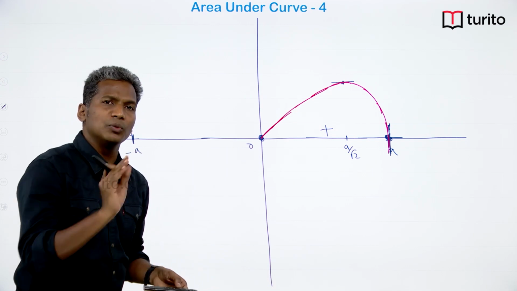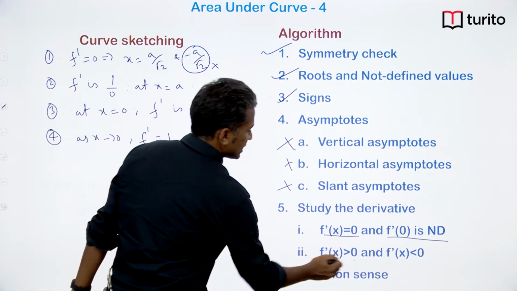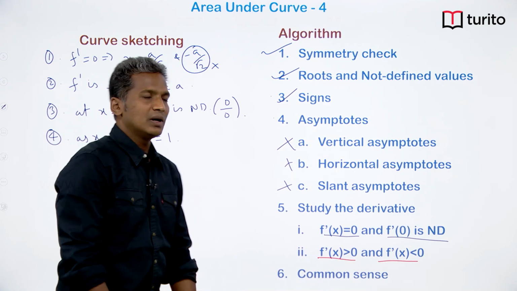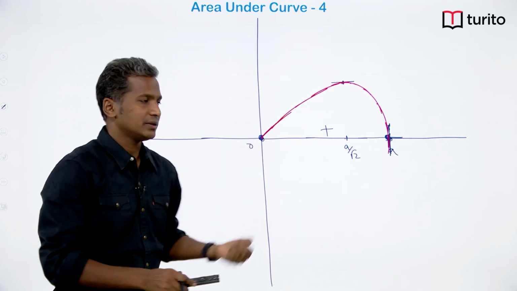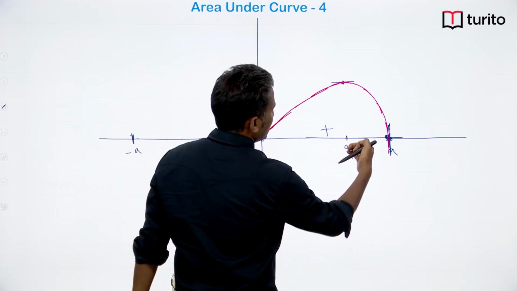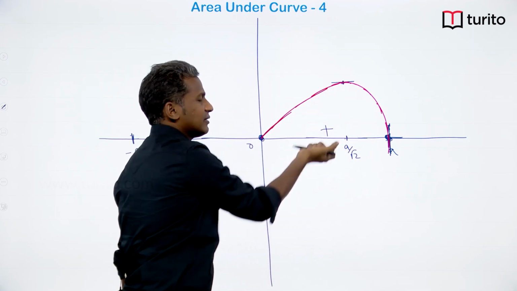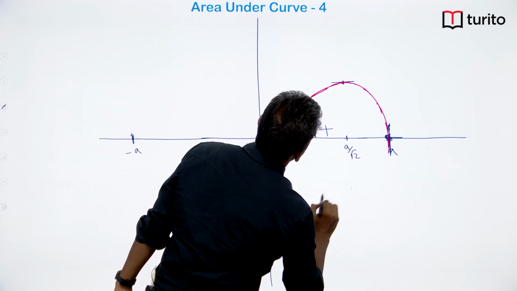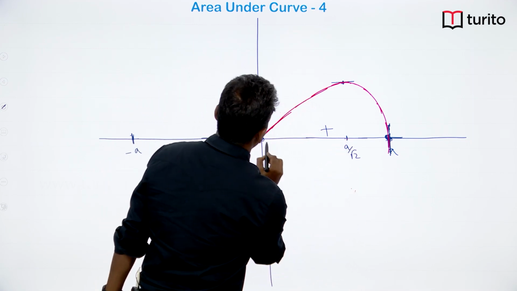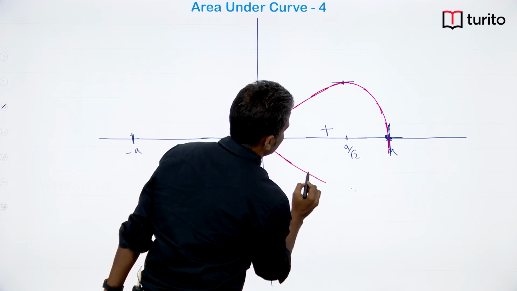We can also observe monotonicity using these ideas, but we already got sufficient information, so I am progressing. And similarly, for the negative side, we can just reflect it and get the graph. So for a by root 2, we may get a point somewhere here. So here also the graph may be somewhat like this.